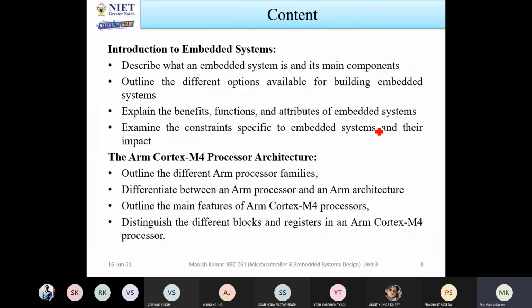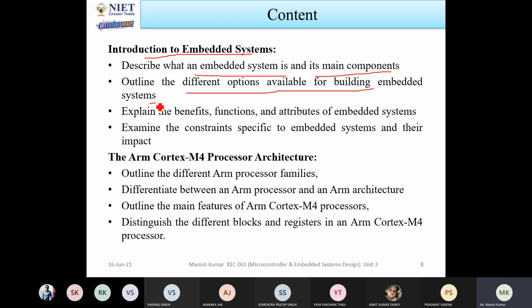Within the introduction to embedded systems, you have to study, describe what an embedded system is and its main components. What actually is an embedded system, and what components are required to build an embedded system. Next is to outline the different options available for building an embedded system. There are various ways to develop an embedded system.